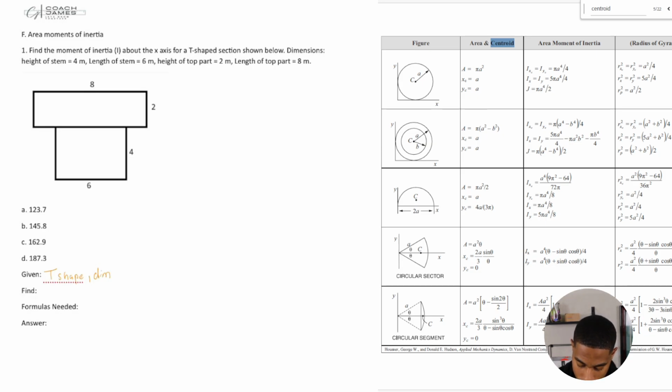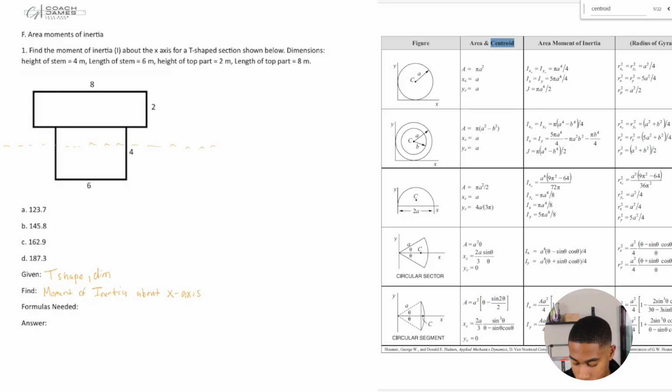And we're trying to find the moment of inertia about the x-axis of this particular shape. So what this means is we want to take this shape, and this shape should have a centroid. Maybe it's there, right? And we want to find the moment of inertia about that axis.